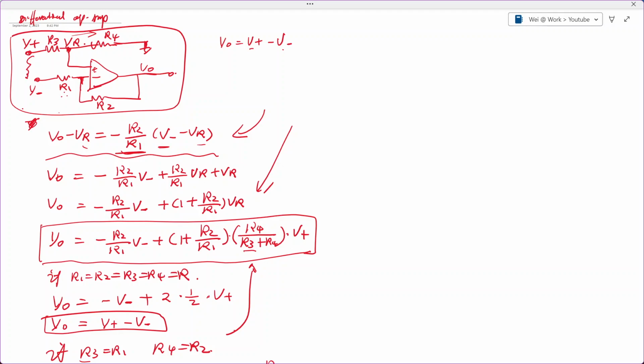This is very useful, for example, in current sensing or any situation where you want to take the difference voltage and then amplify it. In summary, this differential op-amp circuitry is really not that different from a inverting input circuitry with the reference voltage like this. The only difference is that now we set this reference voltage with two resistors.